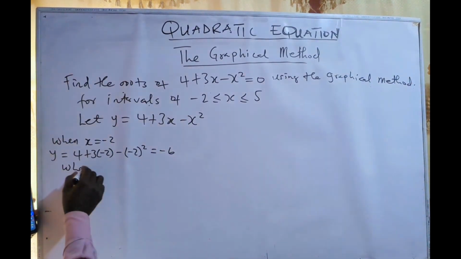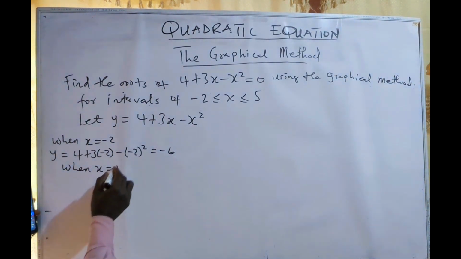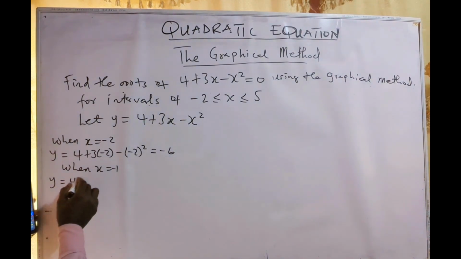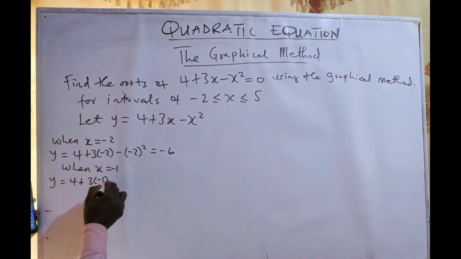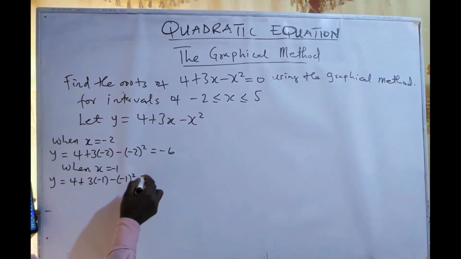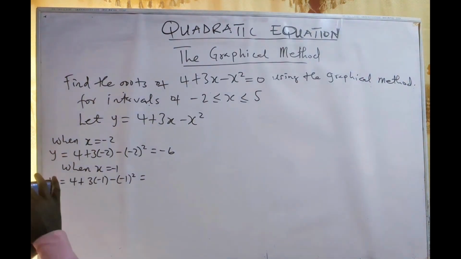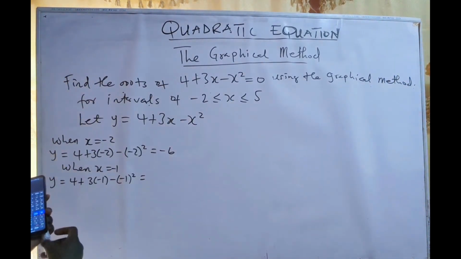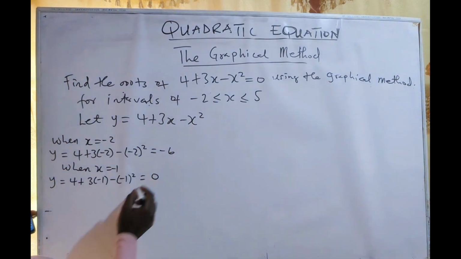When x is negative 1, y will be equal to 4 plus 3 times negative 1 minus negative 1 squared. We put negative 1 there, and we get y to be 0.